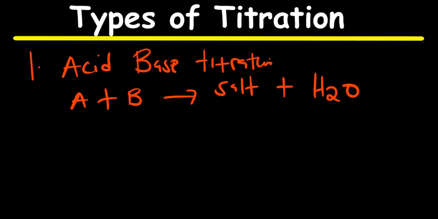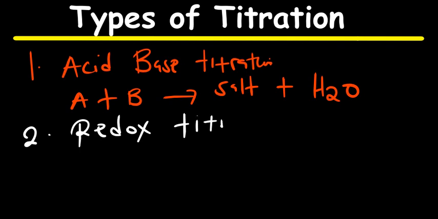Then another type of titration that you can also talk about is what we call a redox titration. Now redox, this one is going to be involving the transfer of electrons between an analyte and a titrant. So basically it's a reduction-oxidation reaction.